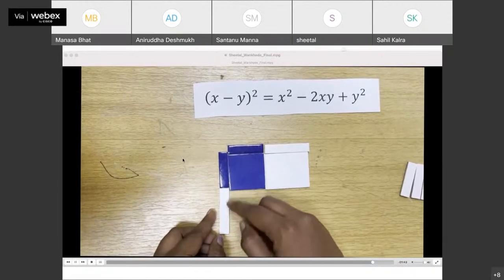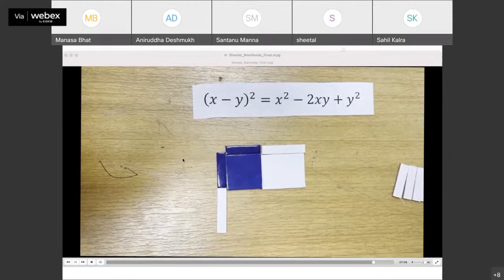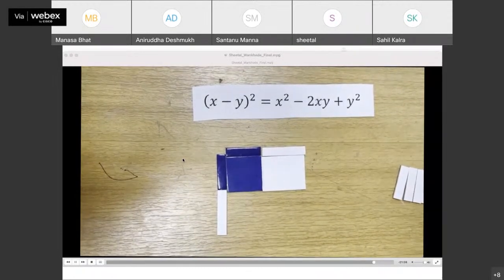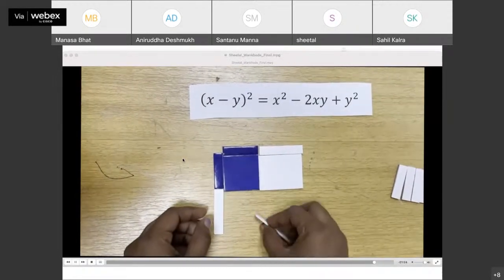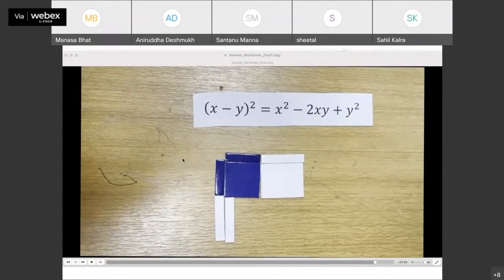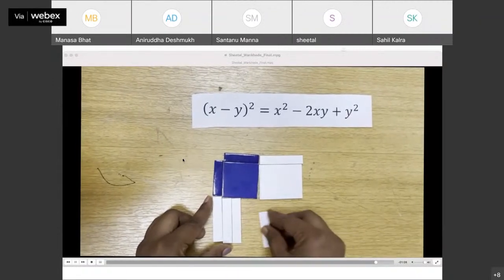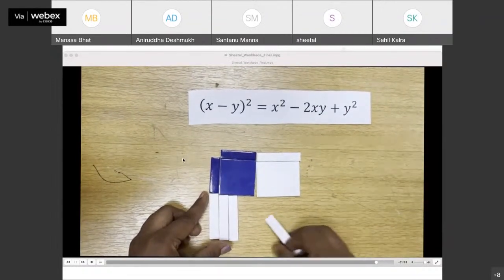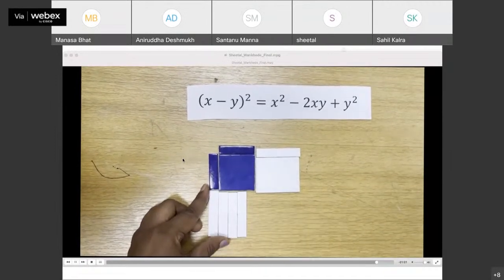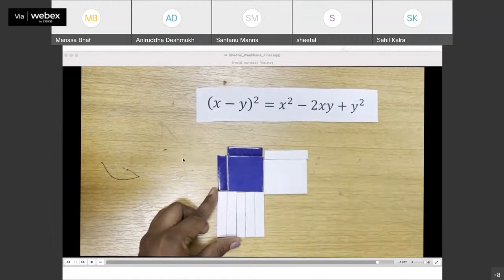Similarly, this one side is your negative and another one is positive. So they give you negative xy. Fill this with y tiles. And one side is your x.